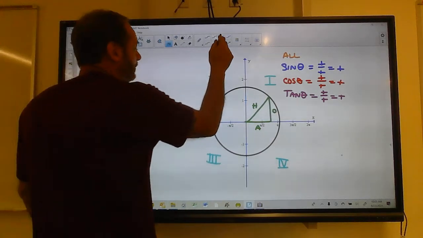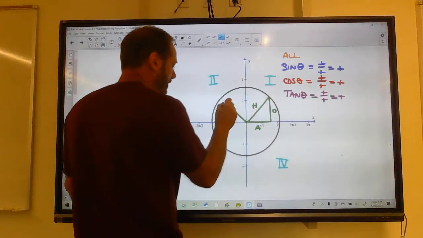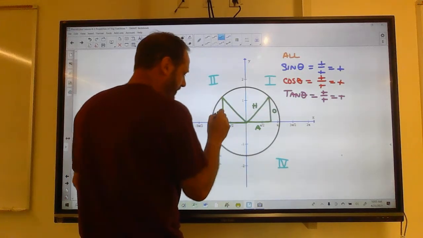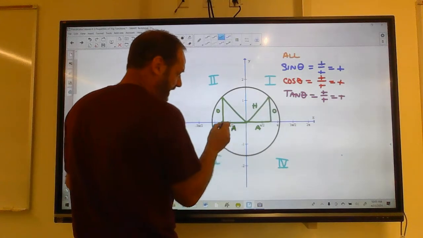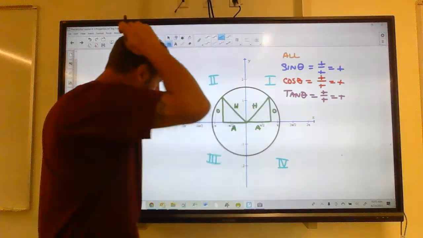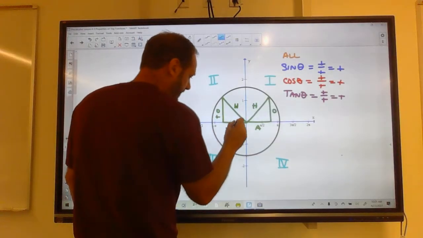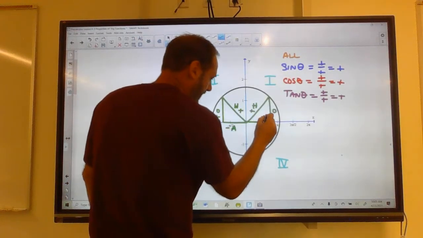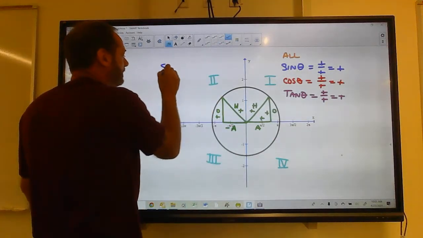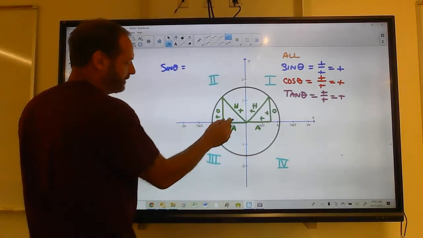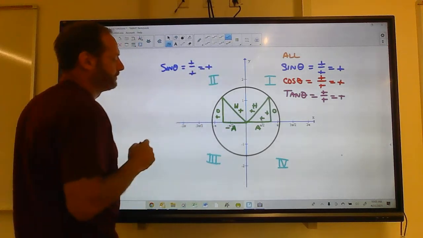It's quadrant 1, quadrant 2, quadrant 3, quadrant 4, right? Okay, in quadrant 2, so this is my opposite, it's positive. My adjacent is negative now, and my hypotenuse is always positive. Okay, so this is positive, this is negative, and this is positive. Over here, these were all positive. Okay, so over here, my sine is going to be a positive over a positive, which is positive.